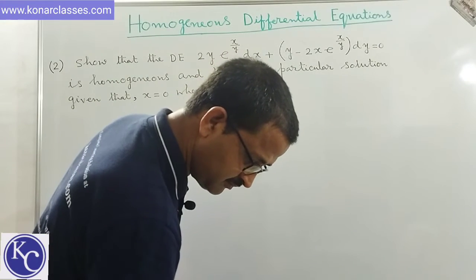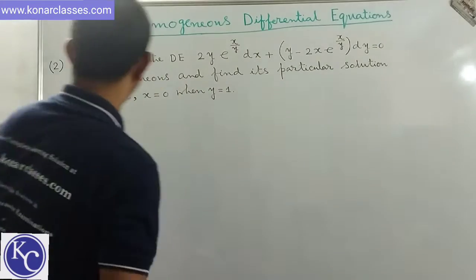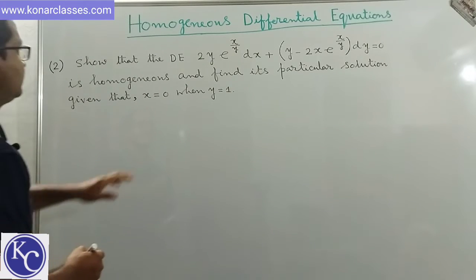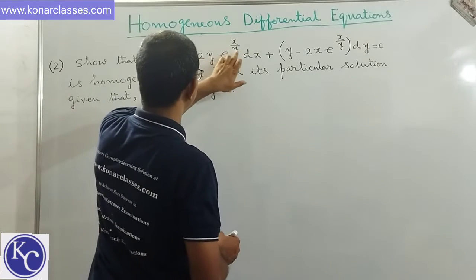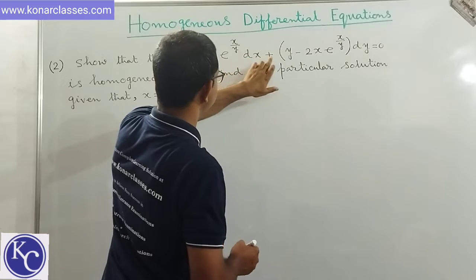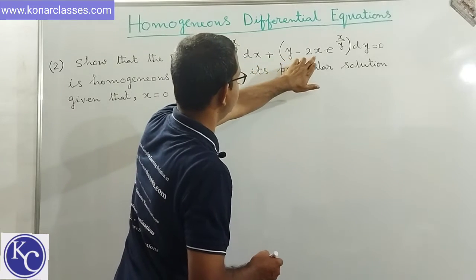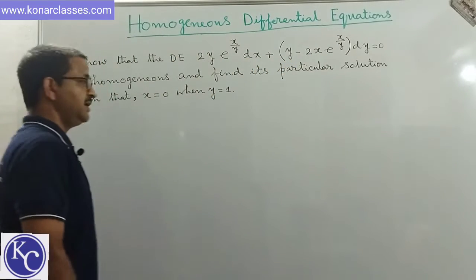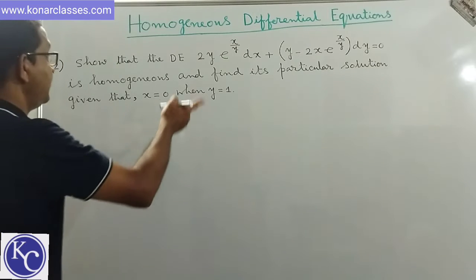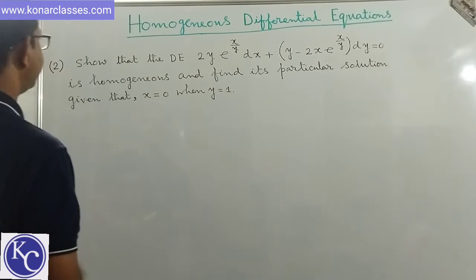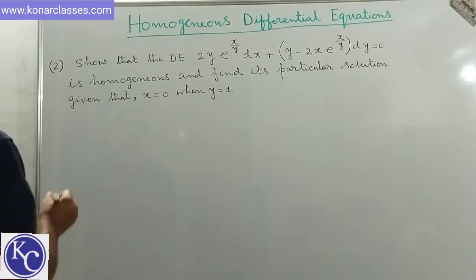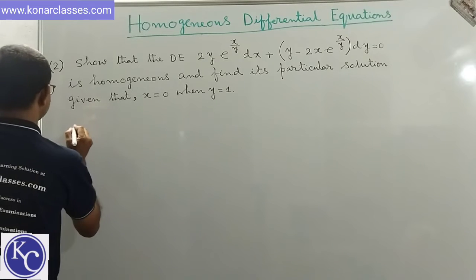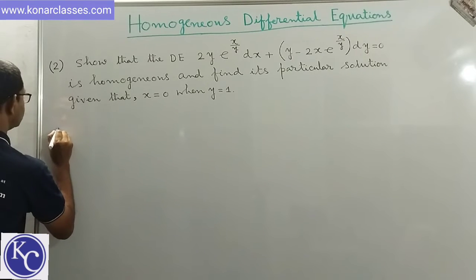So dear students, the differential equation here is 2y e to the power x by y dx plus (y minus 2x e to the power x by y) dy. It is x by y, which gives us an indication that we should rearrange the equation.